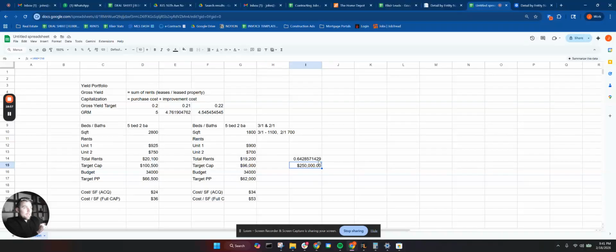So we're eliminating over a third of the square footage, which is going to reduce that outstanding phantom expense, phantom liability of this deferred maintenance. And we only need to reduce our offer price by $4,000.